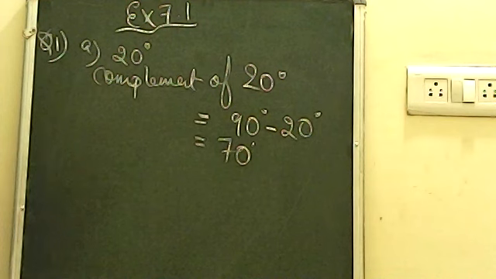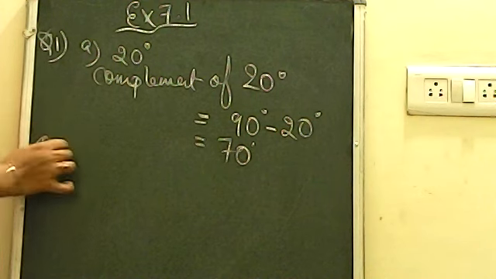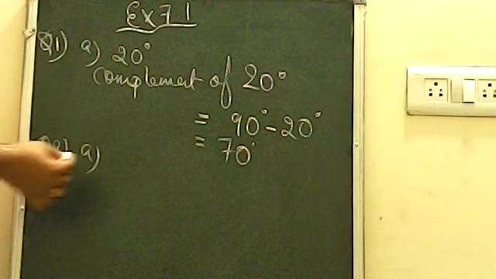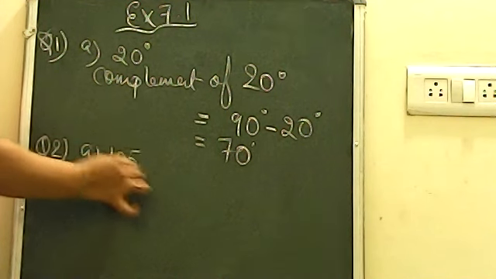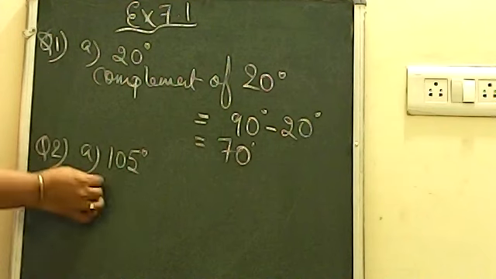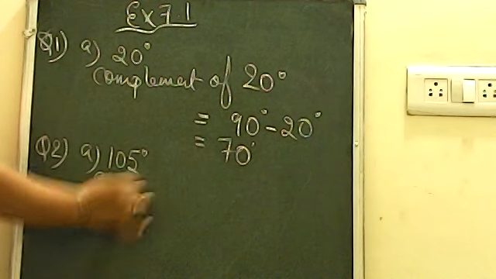And the same question number 2 is asking to find out the supplement of it. So the same process applies, only it is asking for the supplement here. Suppose it is asking 105 degree, and it is asking to find out the supplement of 105. So what will you do? Just the same thing.